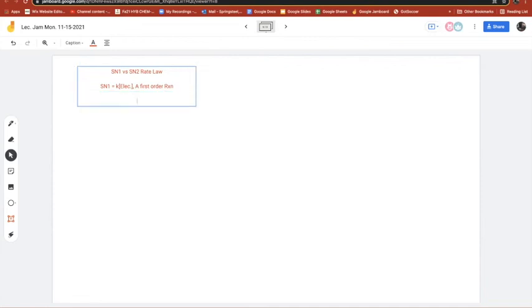Whereas in an SN2 reaction, rate equals rate constant k times the concentrations of the molecules reacting in the rate determining step: the electrophile and the nucleophile. Remember in SN2, the nucleophile does the backside attack and kicks the leaving group out all at the same time. So an SN2 reaction is a second order reaction.